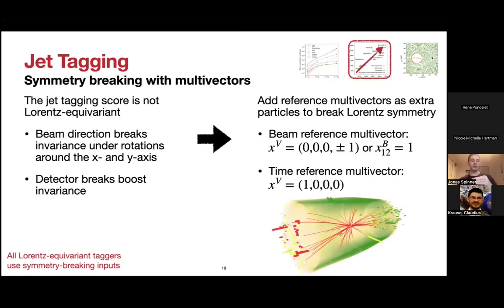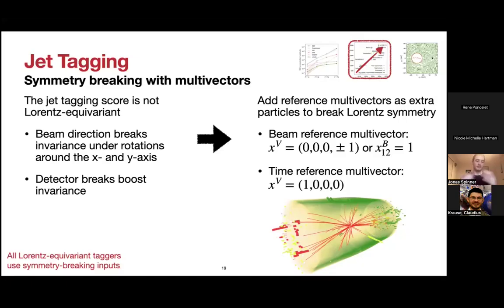There's this beam direction, and you can essentially only rotate around the beam, the z-axis, and not around the x and the y-axis. Otherwise, your beam changes. Second, you also break the boost invariance, and that's because of detector effects, the geometry of the detector, and also because of jet algorithms, because they use pT, and pT is not invariant under Lorentz symmetries.